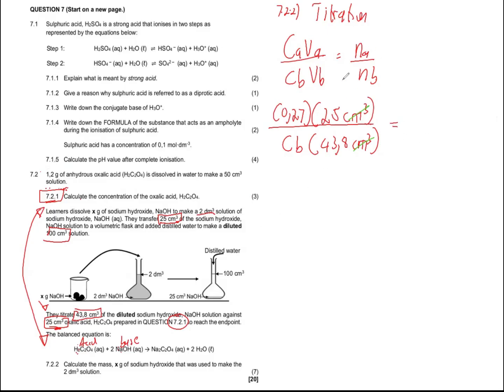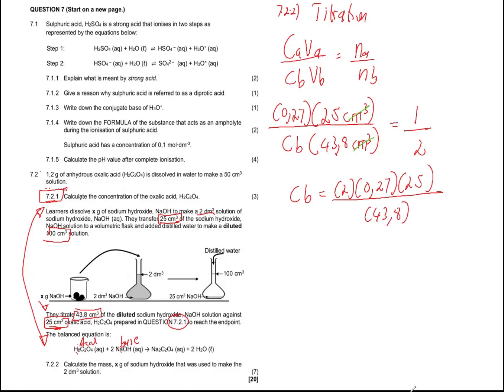What is the coefficient value of the acid? 1. What is the coefficient value of the base? It's 2. Right. And then to calculate CB, we just need to cross multiply: 2 multiplied by 0.27 multiplied by 25, then divided by 43.8. So you need to be very slick with your maths here.